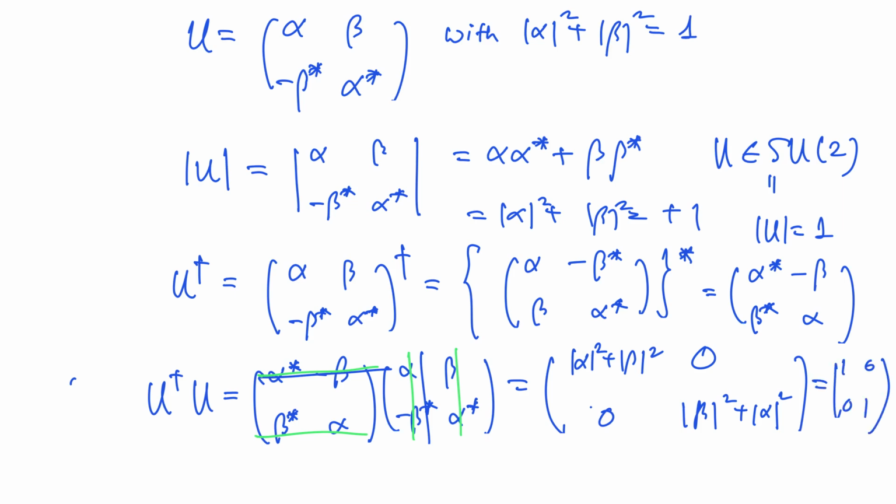How about if we interchange the order? U was defined as alpha, beta, minus beta complex conjugate, alpha complex conjugate.